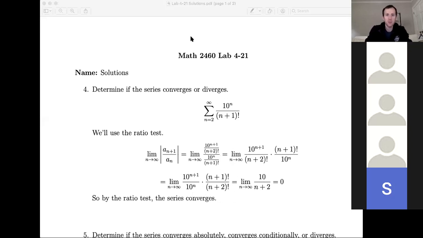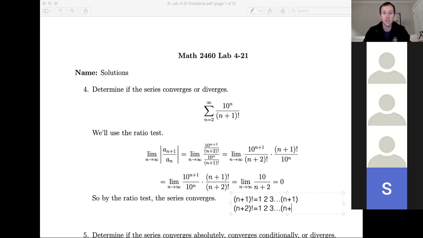On the bottom, what is happening is that n plus 1 factorial is 1 times 2 times 3 and dot, dot, dot, up to n plus 1, and n plus 2 factorial is 1 times 2 times 3, dot, dot, dot.